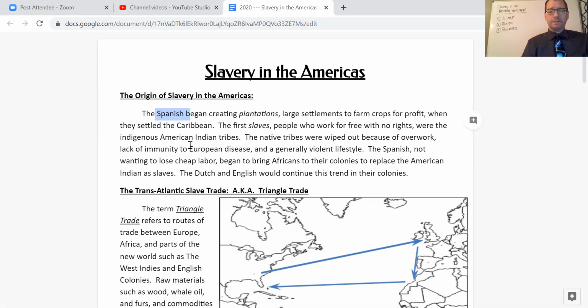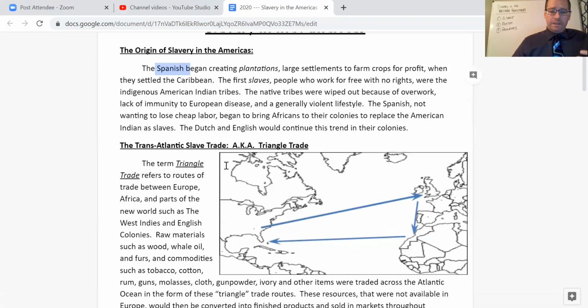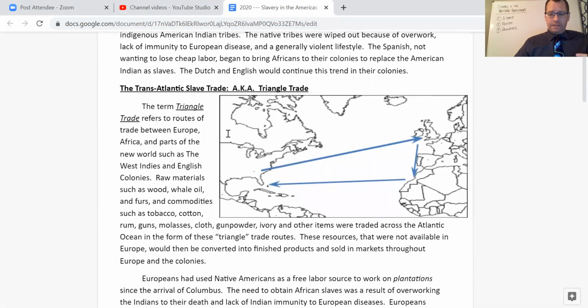American Indian tribes had been wiped out in most cases because of lack of immunity to disease, being overworked on these plantations, and just the death and destruction brought on by the conquistador nature of the Spanish. So with this, there needed to be a different labor source, and we're going to get into that.